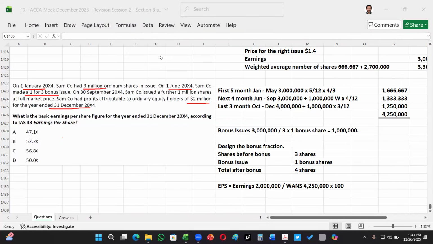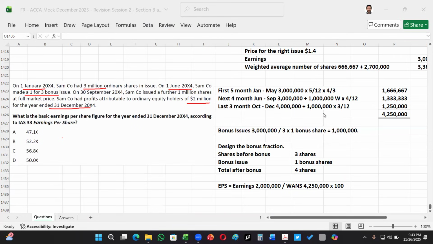Exactly. This is the only period where we do not have the bonus impact. We are not going to create the impact for the normal shares, because these are issued at a normal price. When we issue these shares, we got some money, and that money was actually used in the business to generate profits.